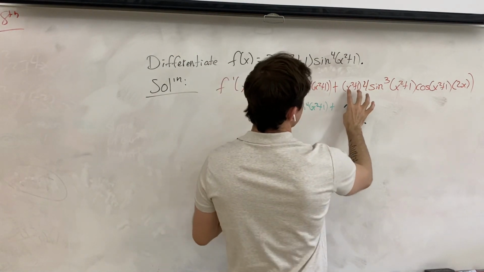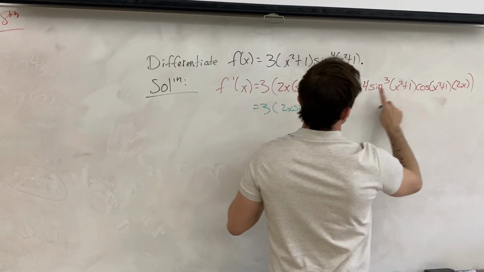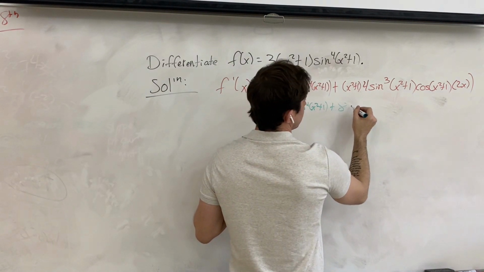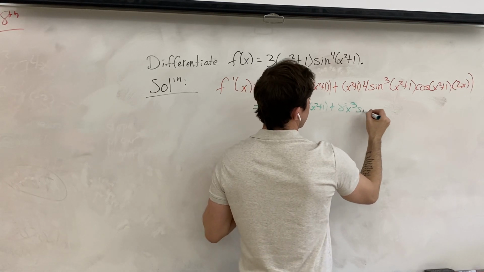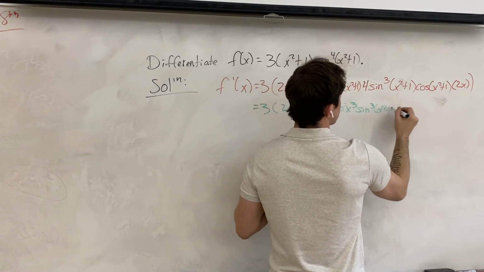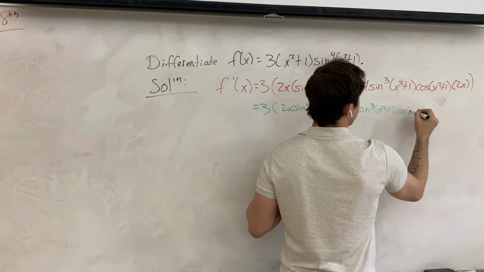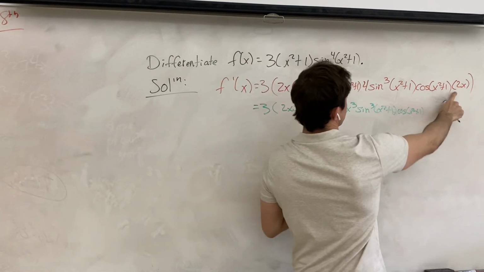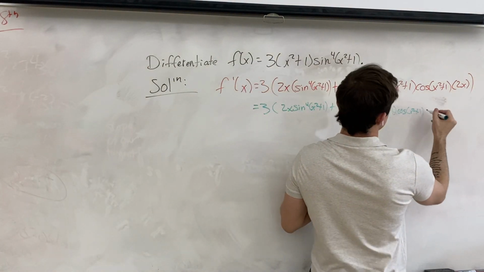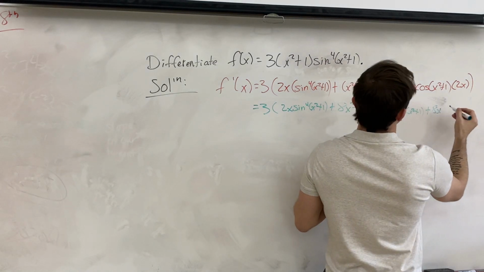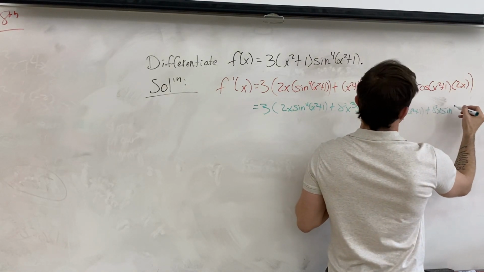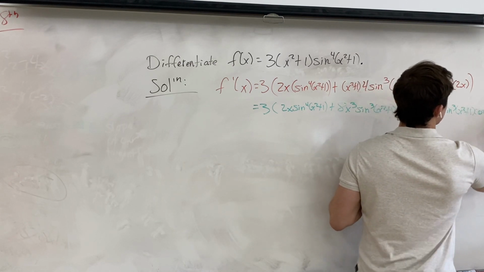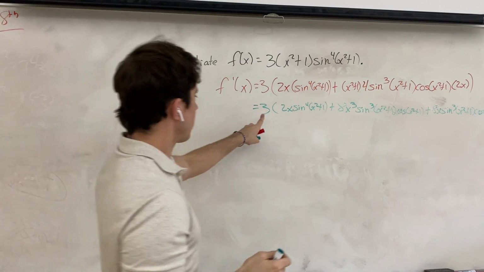we can multiply through these two different terms. So 2x times 4 times x squared, that's going to be 8x cubed sine cubed of (x squared plus 1) cos of (x squared plus 1) plus 1 times 4 times 2x, so that'll be plus 8x, again, sine cubed of (x squared plus 1) cos of (x squared plus 1), and all of that is being multiplied by 3.